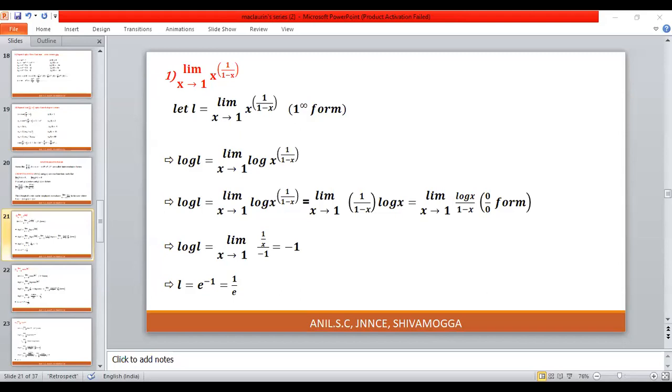Next problem. Limit x tends to 0, cos x power 1 divided by x square. First, try to identify the indeterminate form. Let L be equal to limit x tends to 0, cos x power 1 by x square.